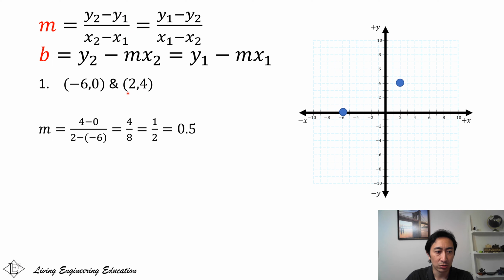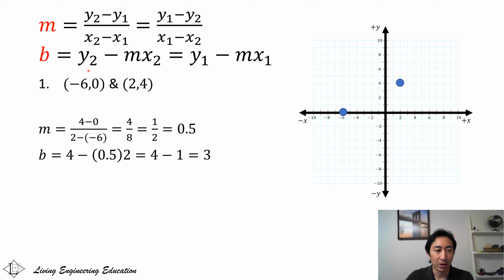I have x2 as 2, and x1 as -6, and that's what we're representing here. So 4 minus 0 is 4, 2 minus negative 6 is 2 plus 6, which is 8. So it gives me 1/2 for the slope. All right? A lot of times you want to check your sign. This should be an increasing slope, and that's consistent with my graph. So I'm at least confident in the sign here.